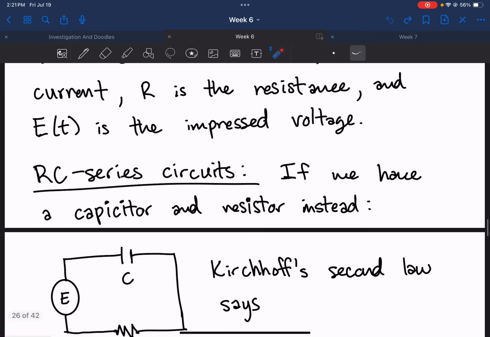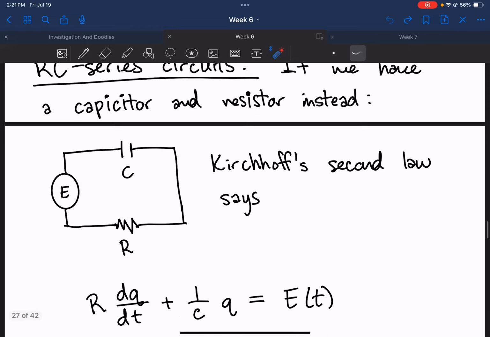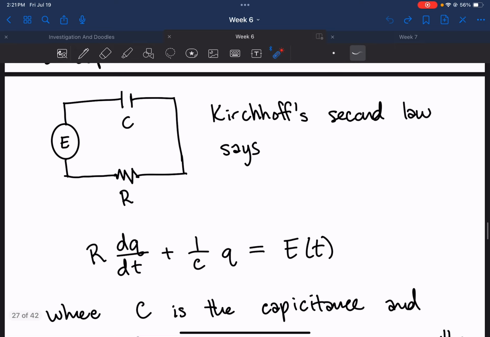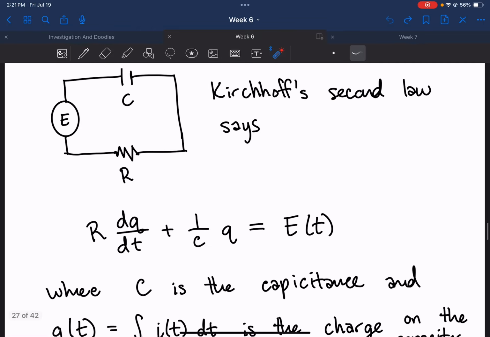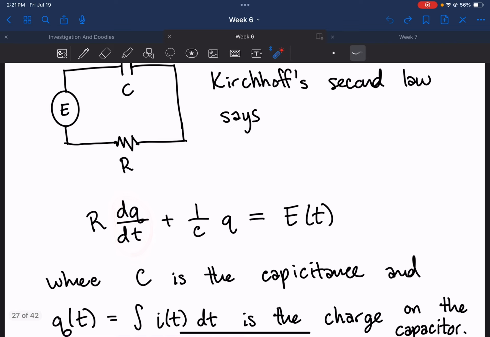In the case of a capacitor circuit, you talk about the charge across the capacitor. So in this case, Kirchhoff's second law says that the resistance times the change in the charge over the capacitor per unit time plus 1 over the capacitance times the charge is equal to the impressed voltage.